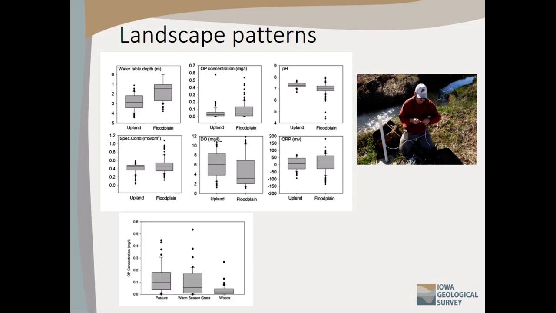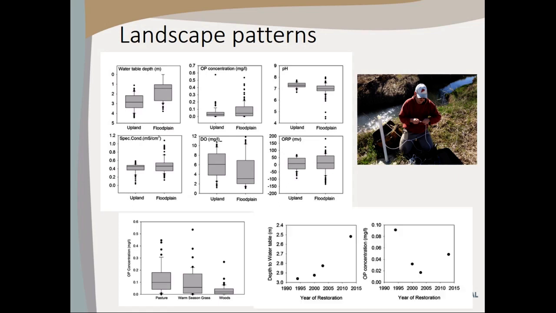Among the different land covers, we saw higher orthophosphorus concentrations in shallow water table beneath the pasture compared to the woods. The warm season grass was somewhere in between, probably as much a legacy of historical operations as it was restored prairie. We had a question about whether the orthophosphorus might relate to how many years since this area had been converted from row crop to prairie, because some of these wells were in restored prairie areas.